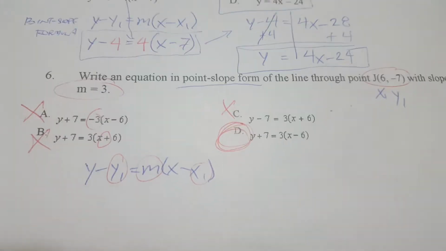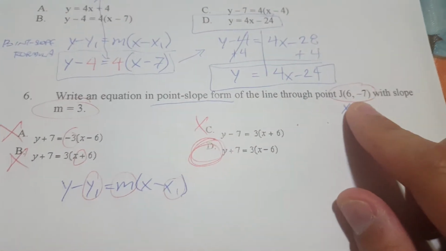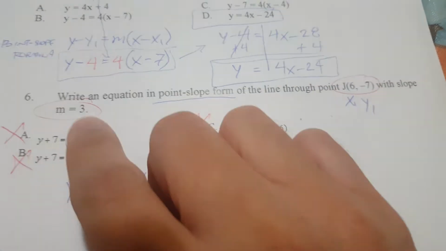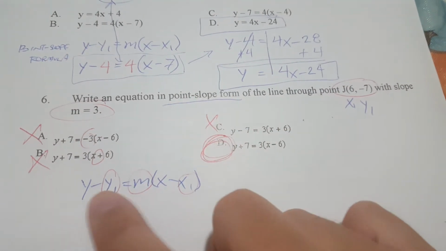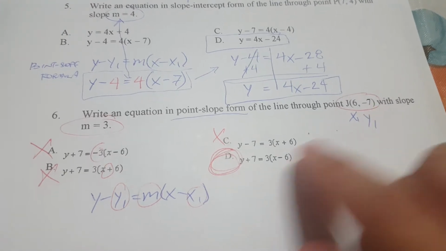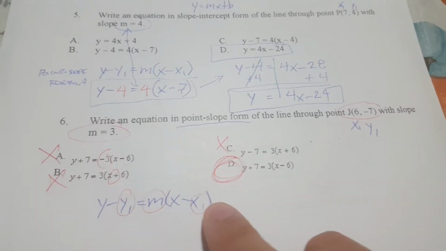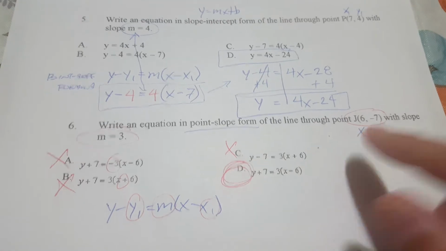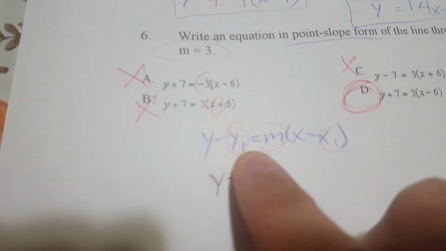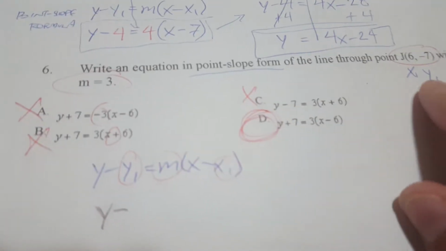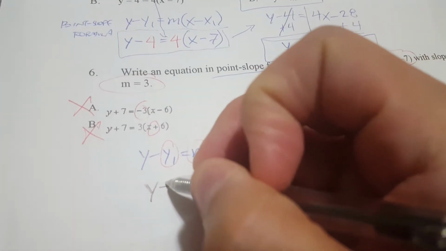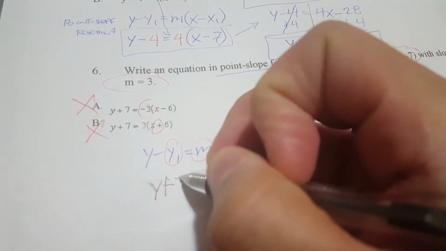So number 6, we're doing the exact same thing. We're given our point, 6, negative 7, so that's your x1 and your y1. Your m here is 3, so let's plug everything in. Your y1 is going to come from over here, that's negative 7. Your m is 3, and your x1 is positive 6. So here I'm going to have y minus y1. Remember, y1 over here is negative 7 because you're subtracting a negative number. That's why this is just going to be a plus 7.